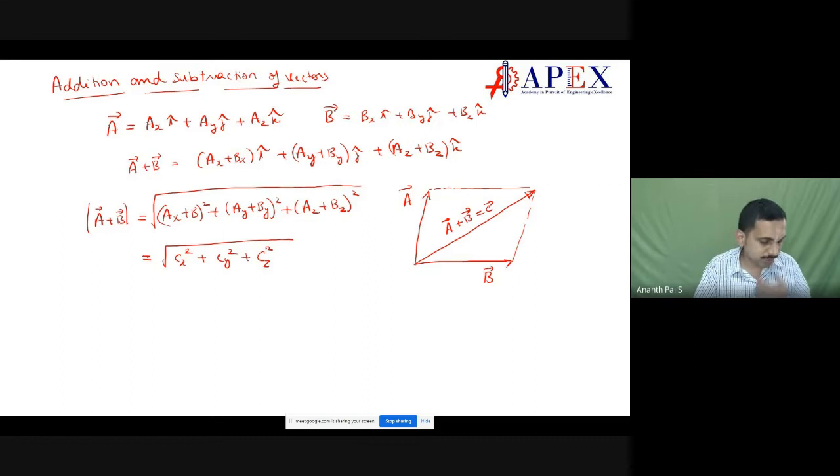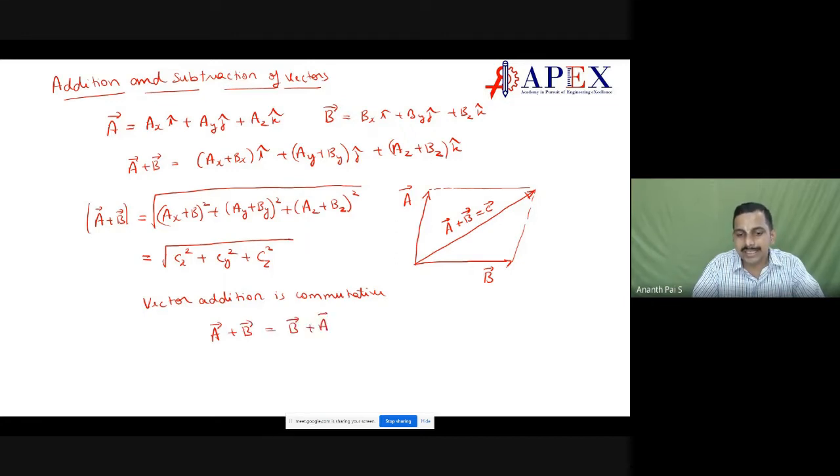That is addition. Now another point here is that vector addition is commutative. It means A plus B is equal to B plus A. This is the basic definition of a vector, is it not, students?